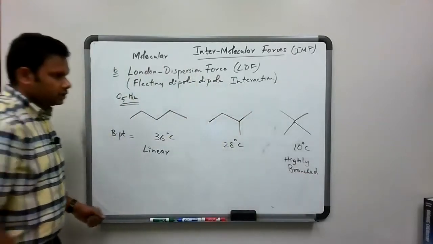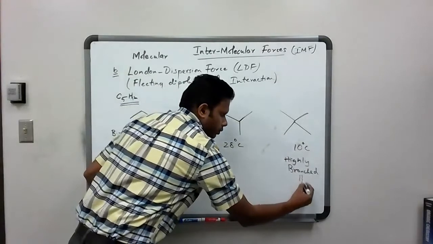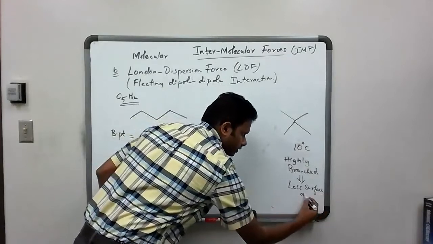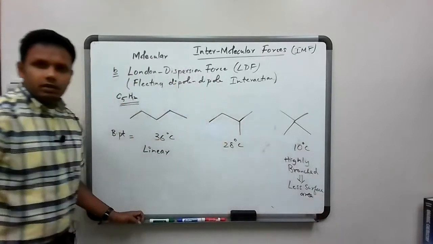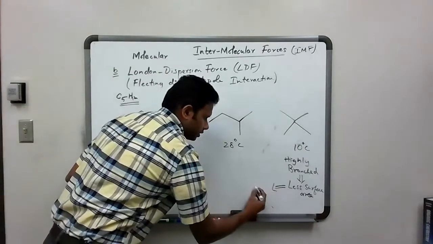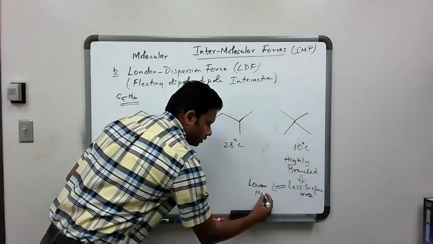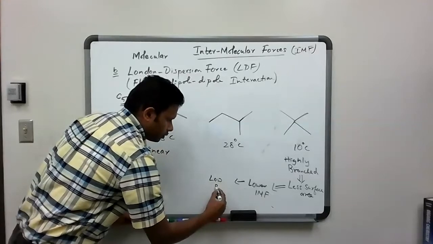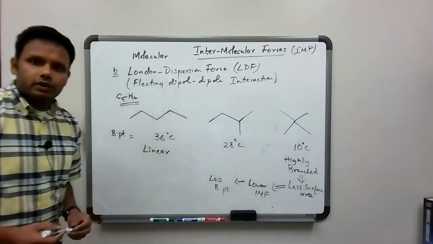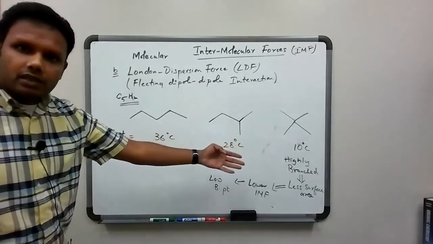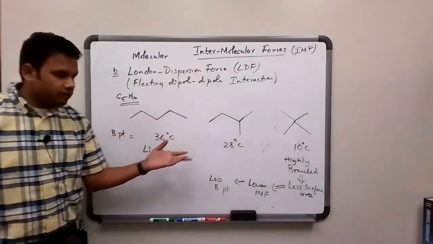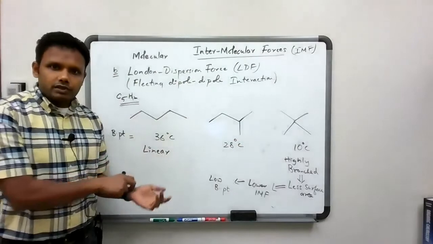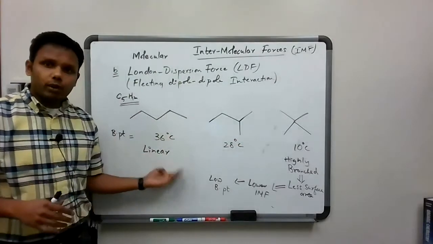When you have more branching, you have less surface area, and if there is less surface area, that means lower intermolecular force, which would imply a low boiling point. So we can again see a manifestation of intermolecular forces, in this case the London dispersion forces, and how that's connected to the boiling point.